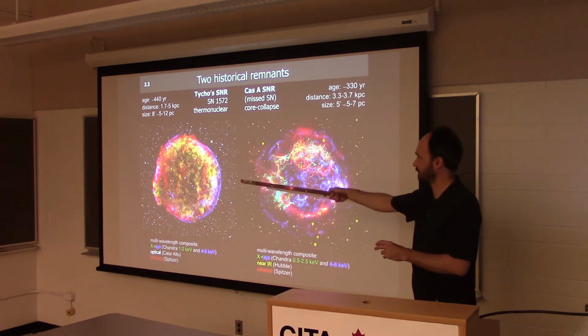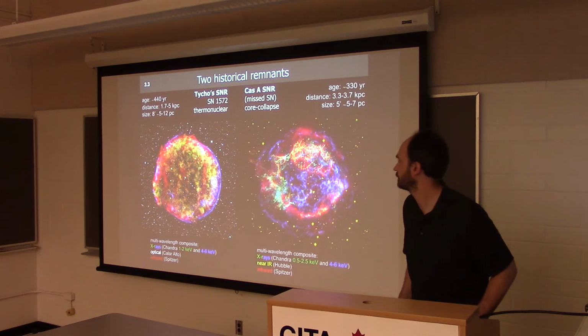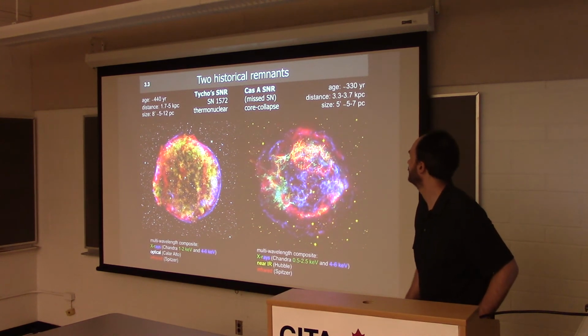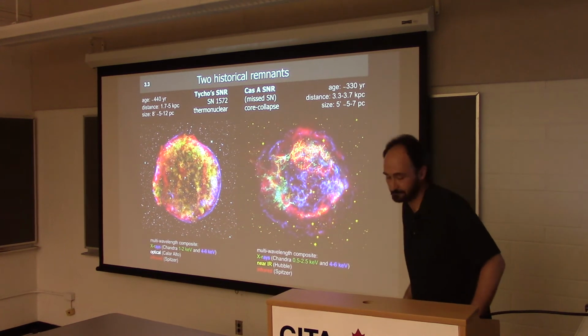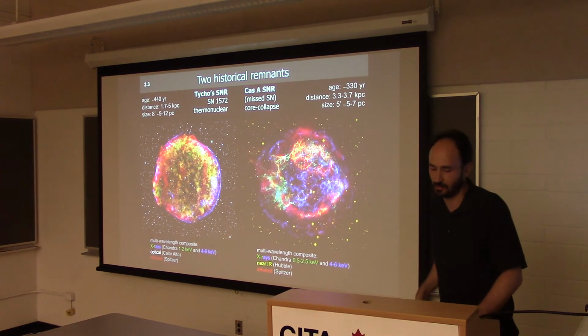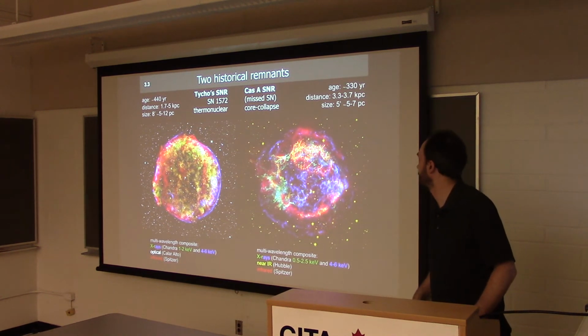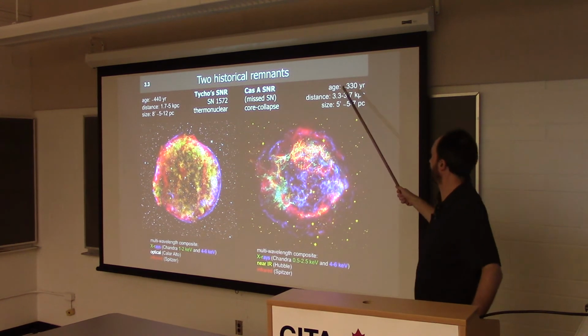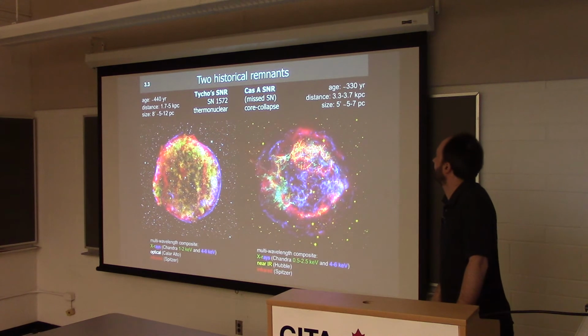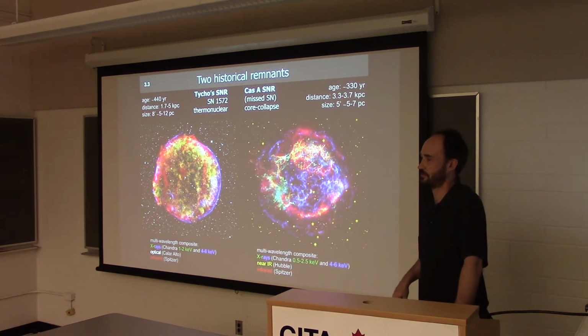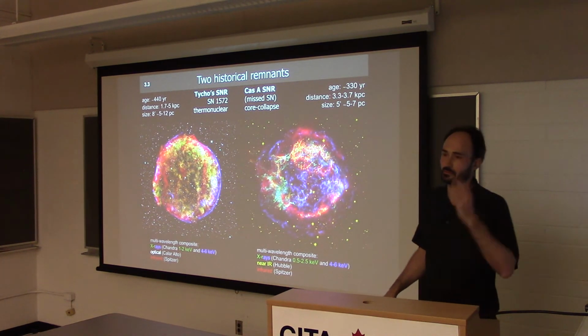thermonuclear one, type 1A, so Tycho is known to be type 1A. And the core collapse one, this is Cassiopeia A, which is probably a type 2B. A fairly young one also, maybe like 300 years. But we have no convincing historical records for this one, no sighting.